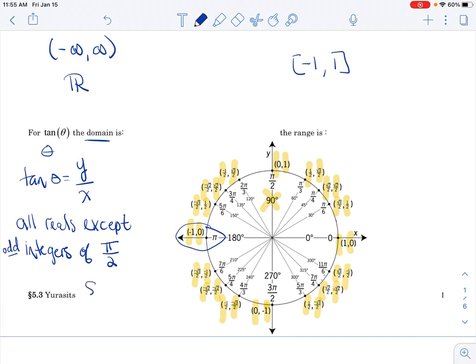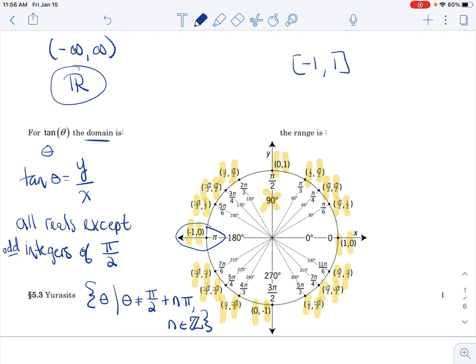I could also say my domain is theta, such that theta cannot be pi over 2 plus n pi, where n is a member of your integers. A lot of us know this double R to be real. Double Z stands for integers. I'm never going to ask this on an exam, just giving you more information.